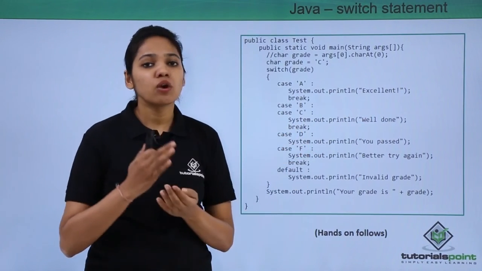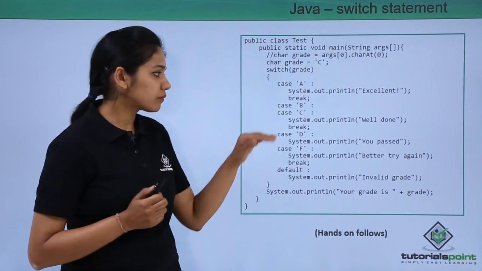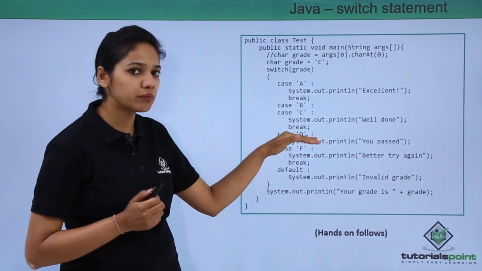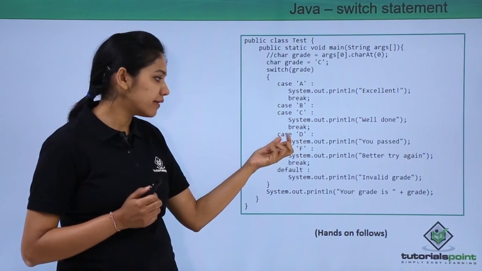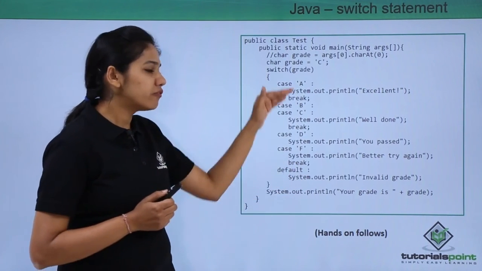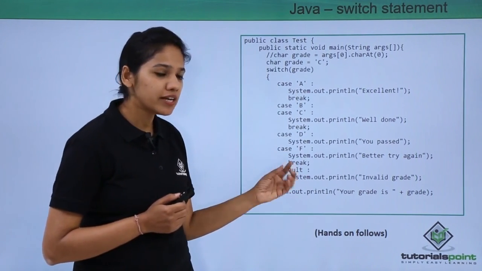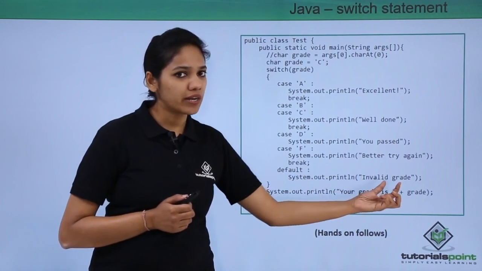The switch case will not stop until you find a break keyword. For example, if you did not have the break keyword here, once it prints well done, it will go to case D, E, F and so on, and then when it finds a break statement, it will come out. If none of these conditions were satisfied, then there is a default colon and it will print invalid grade.